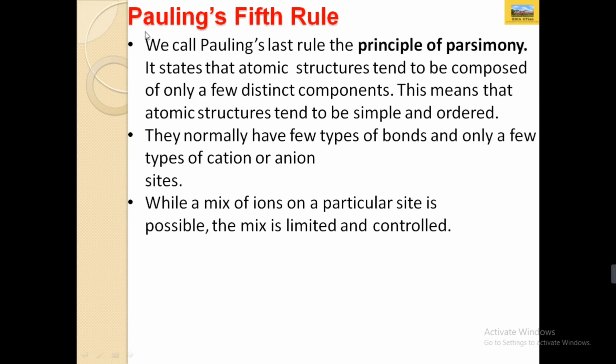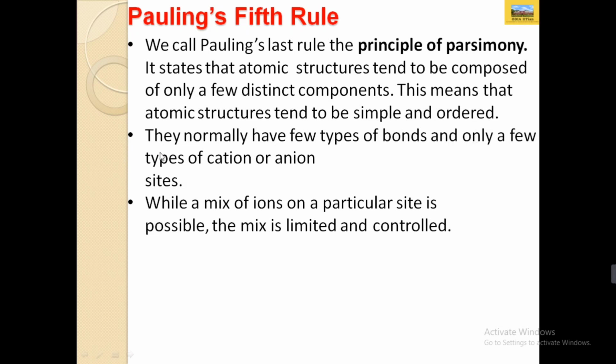Now moving toward Pauling's fifth rule, we call it Pauling's last rule, which is the principle of parsimony. It says that atomic structures tend to be composed of only a few distinct components. That means the atomic structure tends to be simple and orderly. Here the fifth rule states that this is the simple and orderly arrangement of their polyhedra.